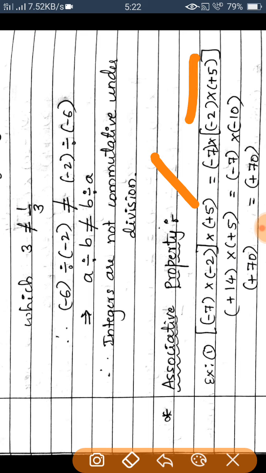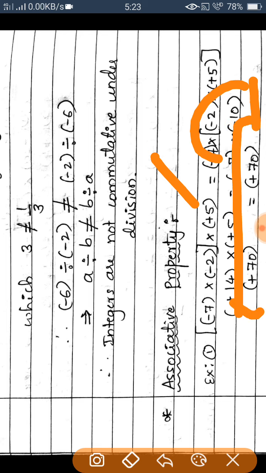If you are grouping the second two, that's why I have put a square bracket here. In the square brackets first we have to solve those. So 2 5s are 10, minus of plus is minus, then 7 10s are 70, minus of minus is plus here. Both answers come the same, then +70 is equal to +70, same answers come, which means integers are associative under multiplication.